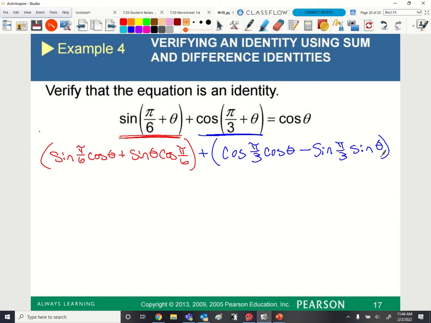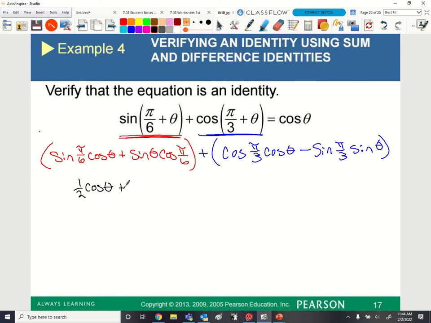So we're going to do all the work here. I'm going to start plugging in the values that I know. Sine of pi over 6: from my unit circle, sine is the y value at pi over 6. That is 1/2. So it's going to be 1/2 times cosine of theta. Now the next one, cosine of pi over 6, is rad 3 over 2.